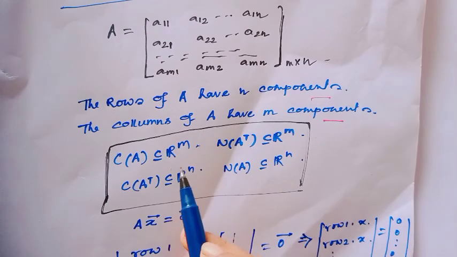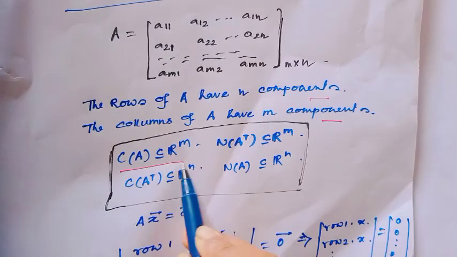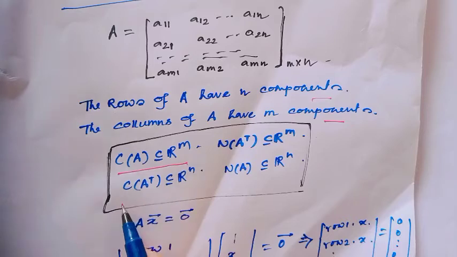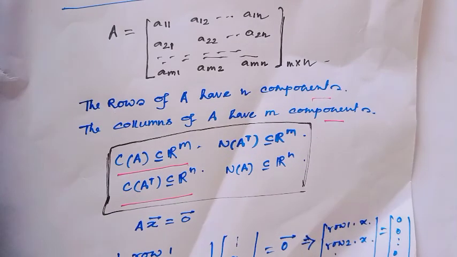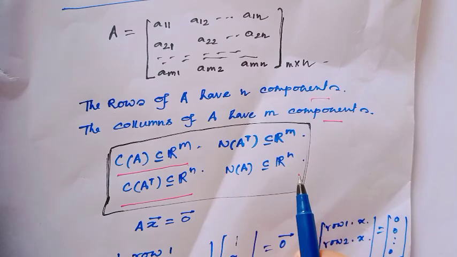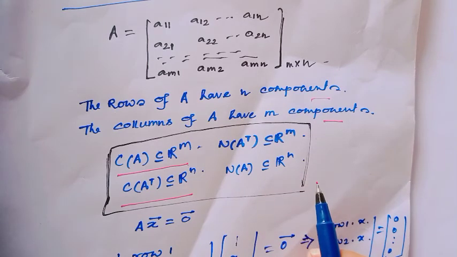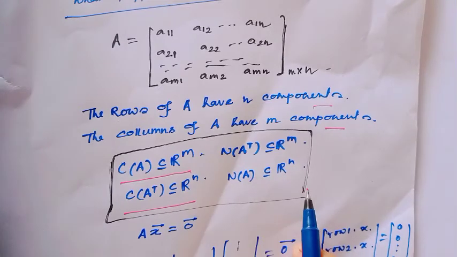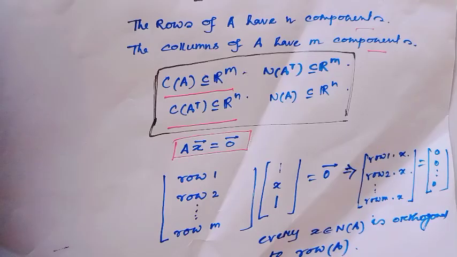Then the column space of A is a subspace of Rm, the null space of A transpose is a subspace of Rm, and the null space of A is a subspace of Rn. From this expression, it is clearly true that the orthogonal complement of the null space of A is the row space.